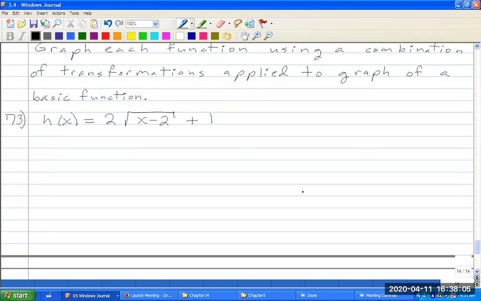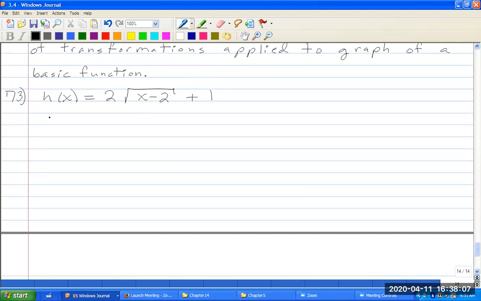So first, let's replace h by y. So y equals 2 rad x minus 2 plus 1. Subtract 1 from both sides, so y minus 1 equals 2 rad x minus 2. So in this case, let's replace y by y minus 1 and x by x minus 2.